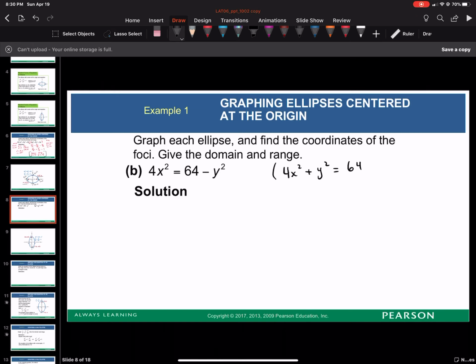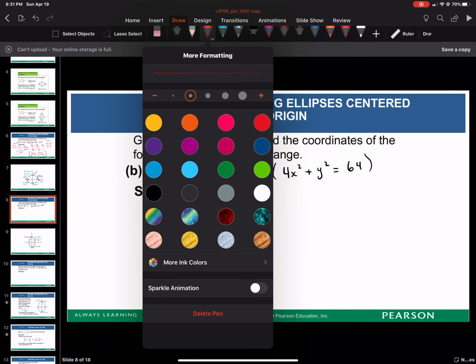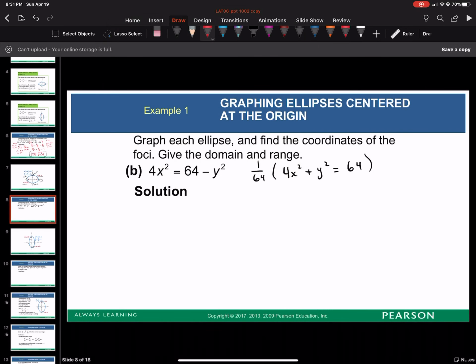Now I'm going to multiply this by 1 over 64, because remember, we want this other number to be 1 as well. If you wondered why I use that. So when we multiply, we will get 4x squared all over 64 plus y squared over 64 is equal to 64 over 64.